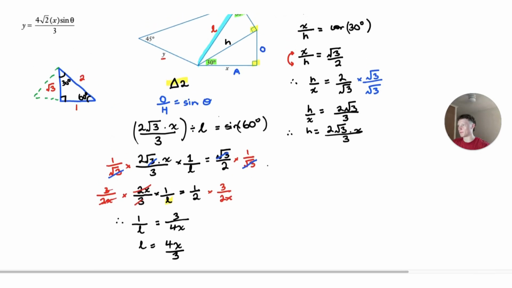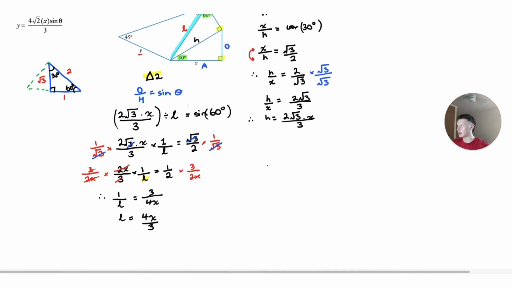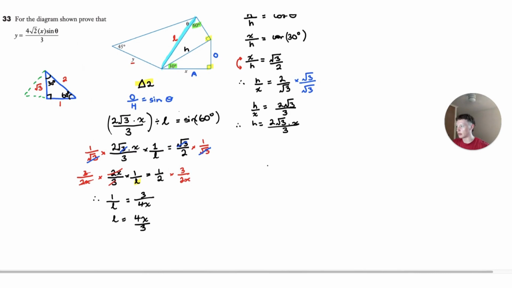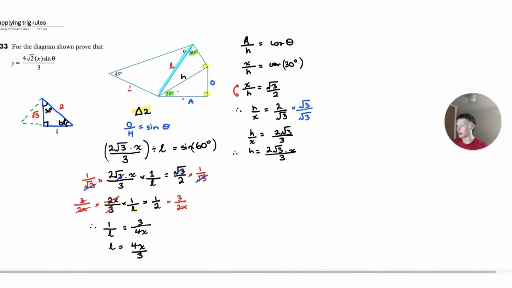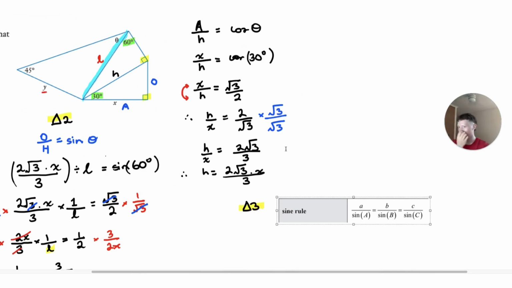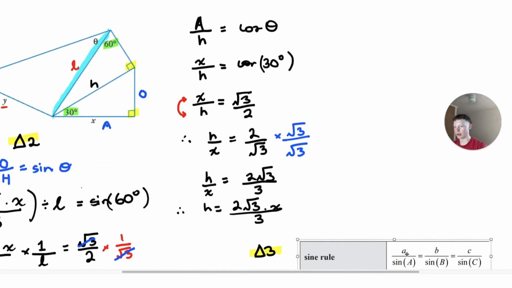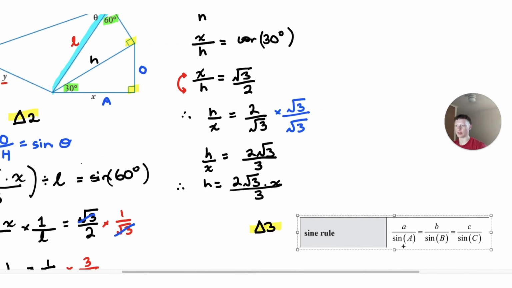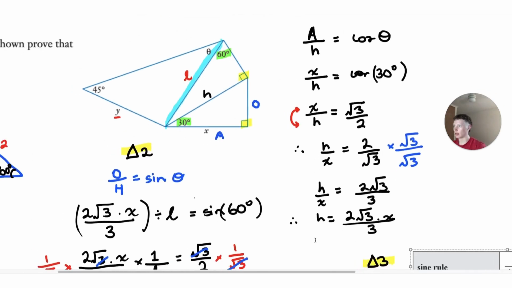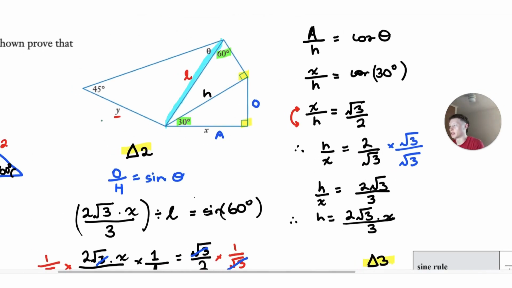Perfect. And now finally, we are at the point where we can look at our final triangle. For our final triangle, what we're going to use is the sine rule. It looks a little bit cryptic here, but what it means essentially is when we've got side A over sine of the angle A, that refers to angles that are opposite a side.